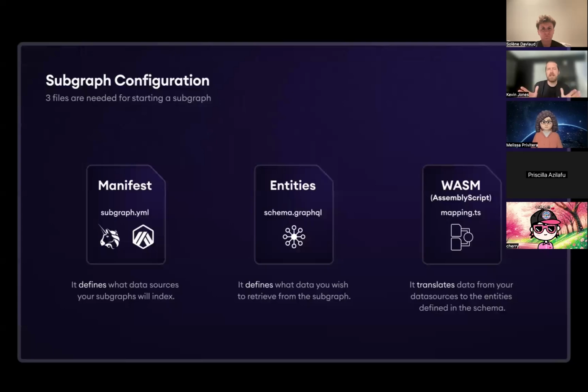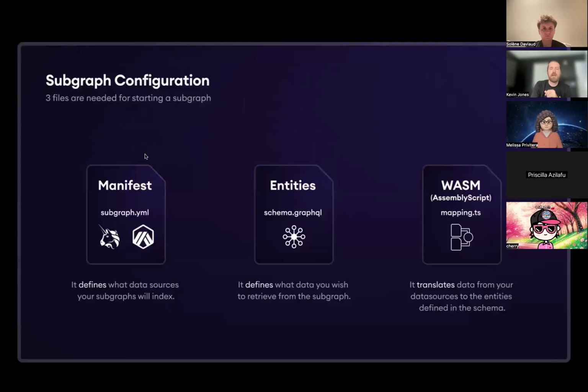But at a high level, a subgraph itself, or the name subgraph, basically means data API or configuration for your API. So if you have a smart contract that you care about and you want to index the data and store it in an easy to query way, you need to write three config files to get that to successfully query and then publish those to the network.